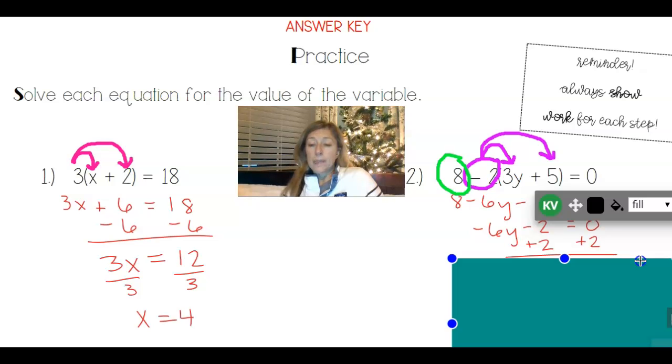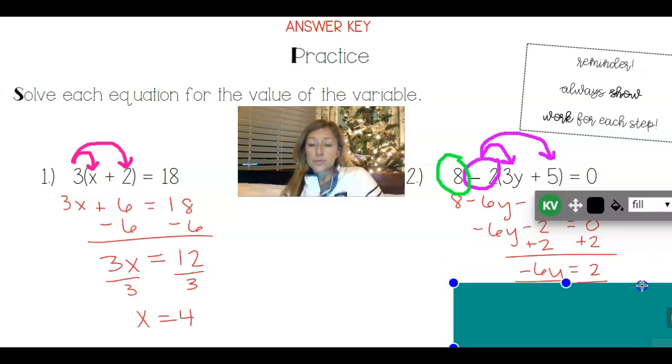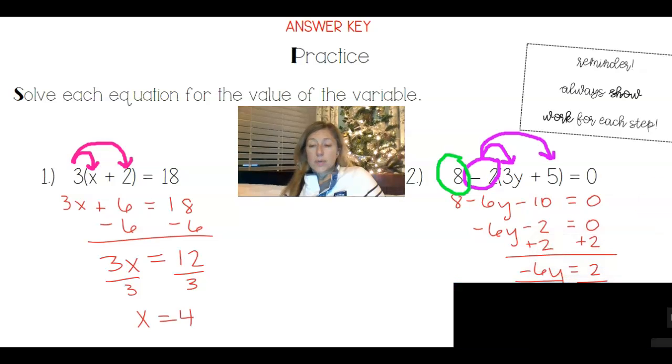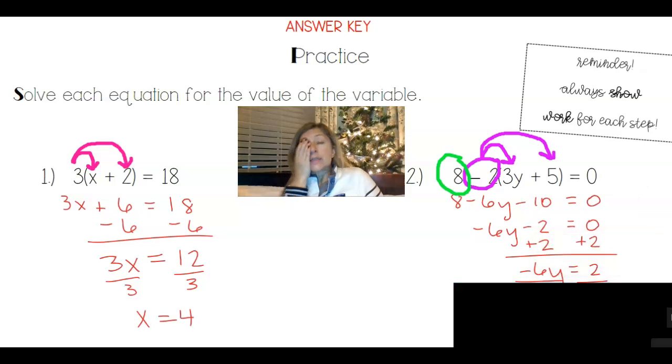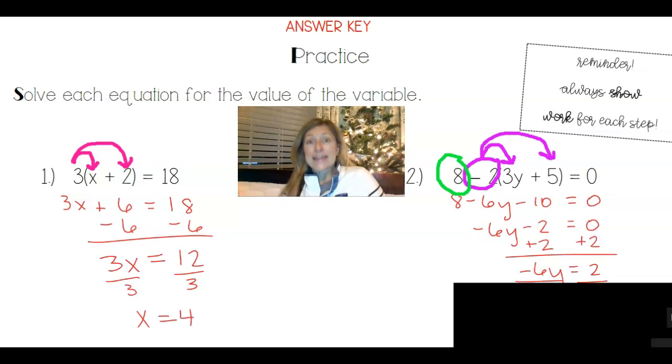When we get done, the negative 2 and the positive 2 cancel out, and I'm left with negative 6y equals 2. This is where people are going to get really tricked because you're dividing both sides now by negative 6, but you're thinking, that's going to give me a fraction. And yes, sometimes you're going to get fractions.